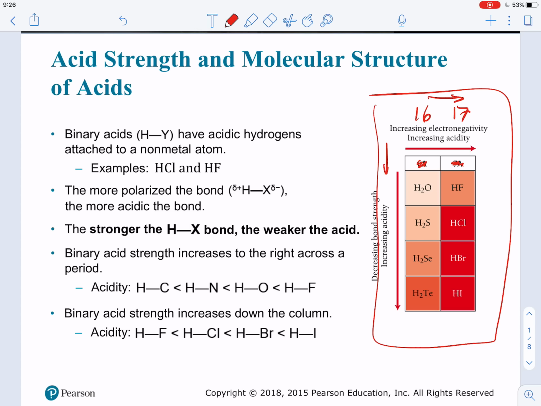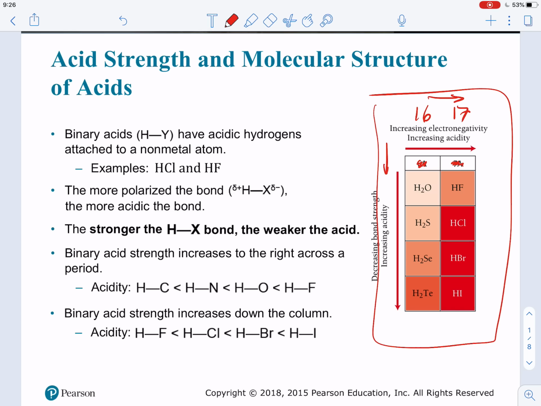We are looking at polarization, and polarization depends on the electronegativity of the elements at hand here, and particularly for the hydrogen, because we are looking here at hydrogen plus something else. The electronegativity of hydrogen will be the same no matter what, but the polarity of that bond will depend on the nonmetal and the electronegativity of that nonmetal. And remember, electronegativity is the tendency of attracting a pair of electrons that are part of a bond in which that atom is participating.